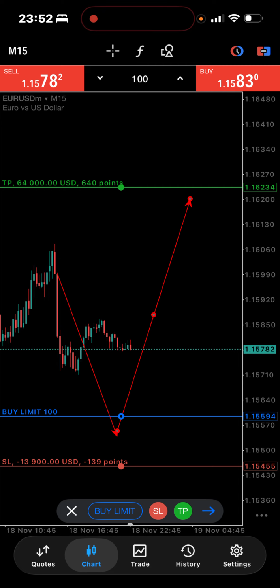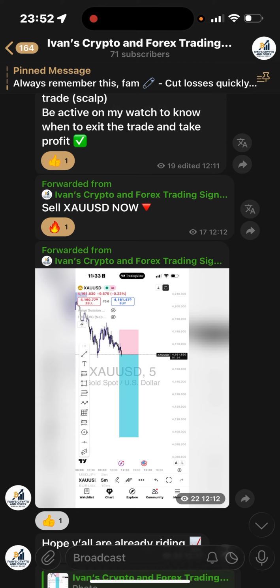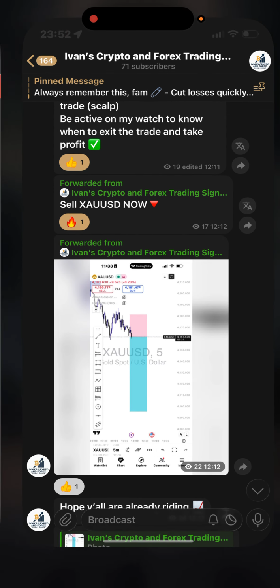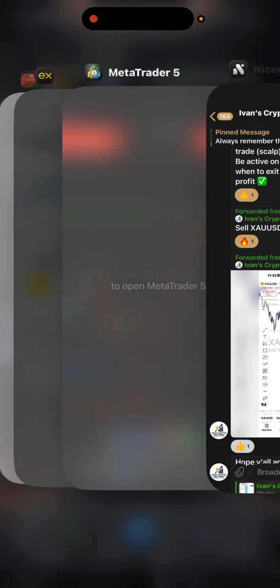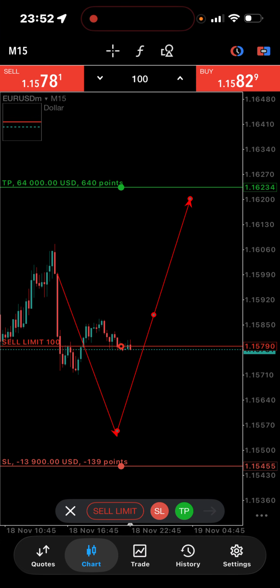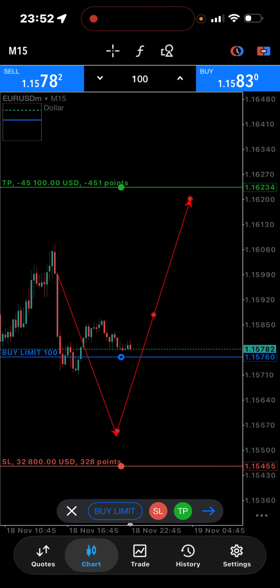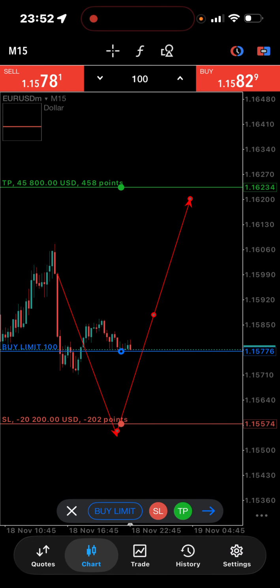So now if I say buy something now, I say buy USD now, that's market price. Like this time I said sell XAUUSD now. Whatever I say, sell or buy now, and you want to calculate your risk for that one, it's still the same process. You just put your limit line where price is, then you bring your SL here.